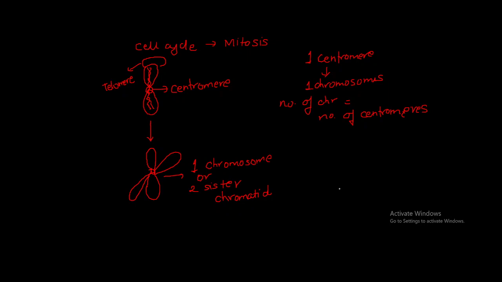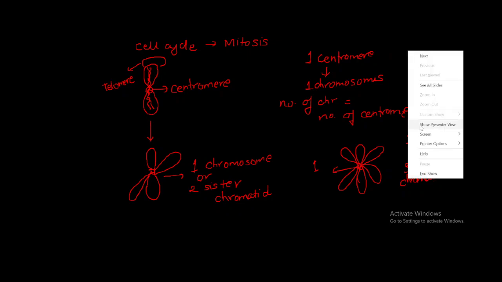Okay, if I make a diagram like this, and again the number of centromeres is one, so there will be one chromosome, or you can say three chromatids. So that is one thing. You can define the number of chromosomes by counting the number of centromeres. Number one thing.